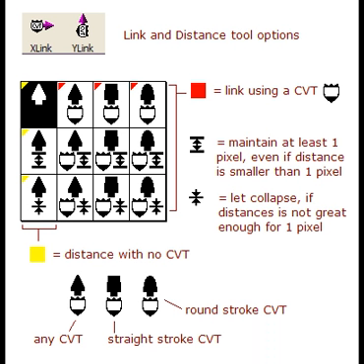The symbol in the bottom row tells VTT to let it collapse if the distance is not great enough for 1 pixel. The 3 link shapes available tell VTT from which category of CVT to select from in the control program. The first is any CVT, the second with the flat top will select from the straight stroke CVTs, and the third with the round top will select from the round stroke CVTs.